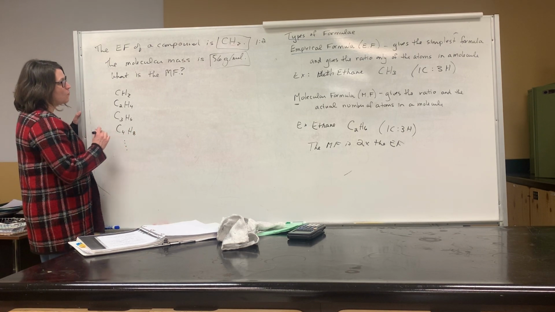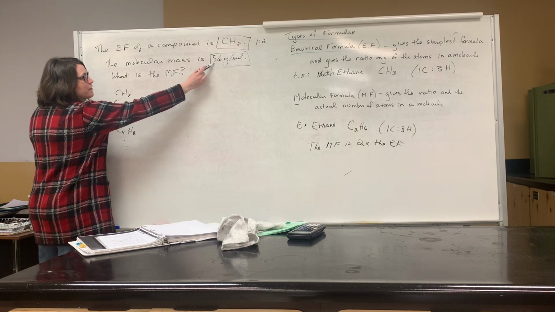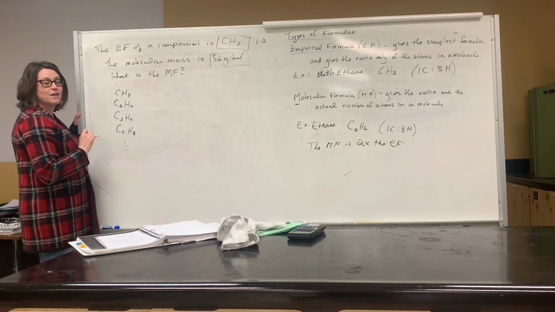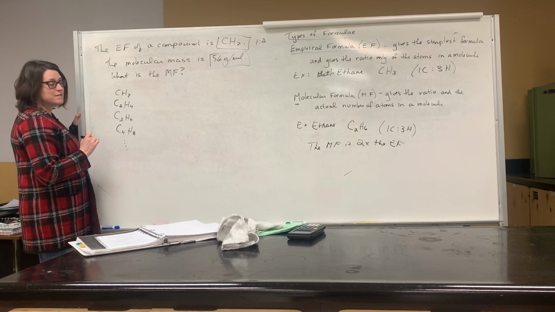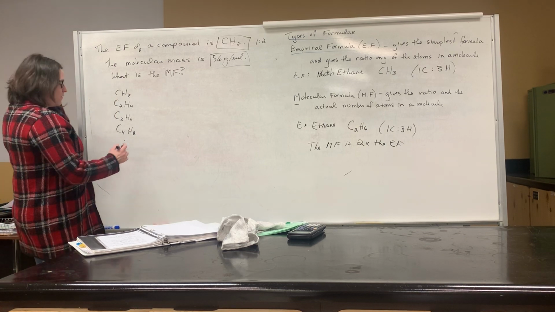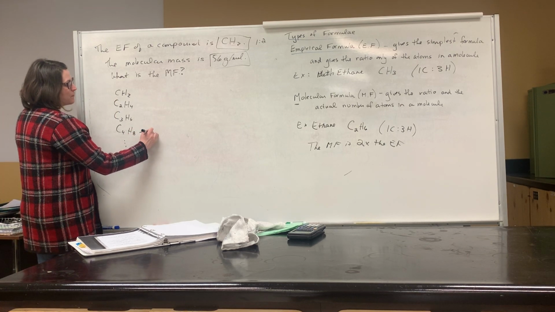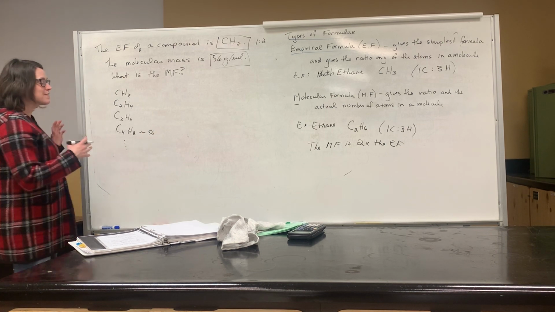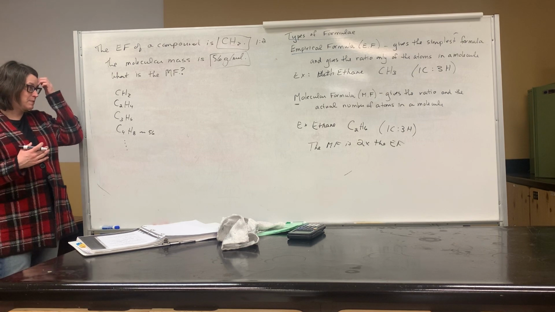So what this tells you, the 56 grams per mole, is that one of these is going to have the mass of 56 grams per mole. And you need to just figure out which one it is. So that's one of the ways you can do it. And if you do that, you'll find out that C4H8 is the winner, and that's the one that has the molecular mass of 56 grams per mole.